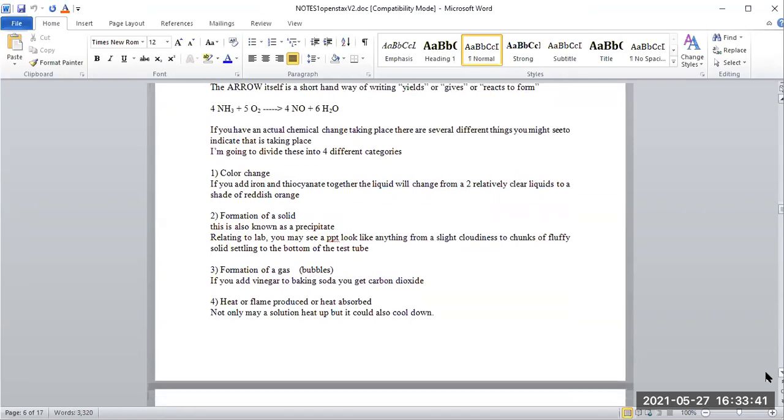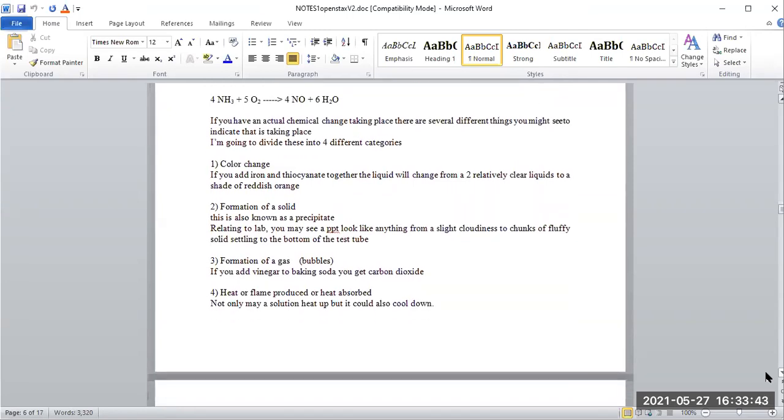The last one is a little bit less visual. Heat or flame sometimes, or heat absorbed, okay?